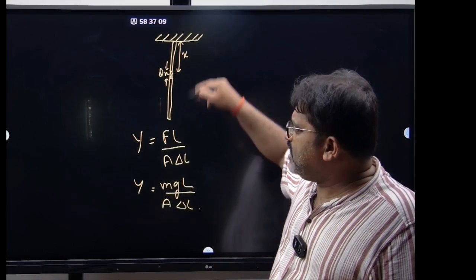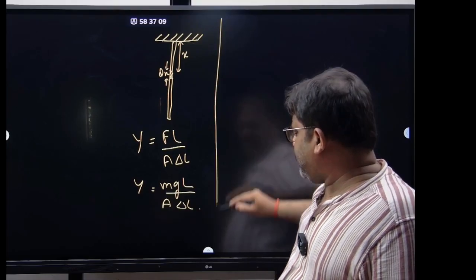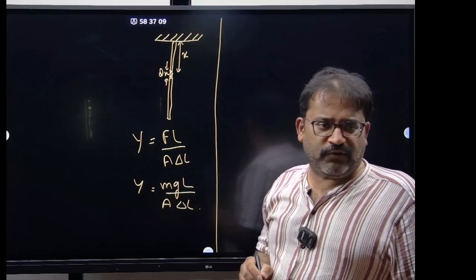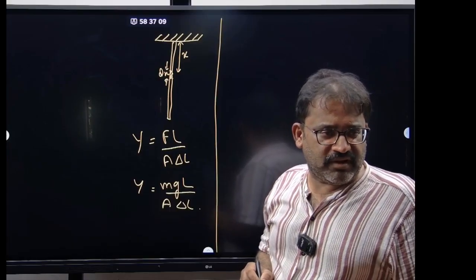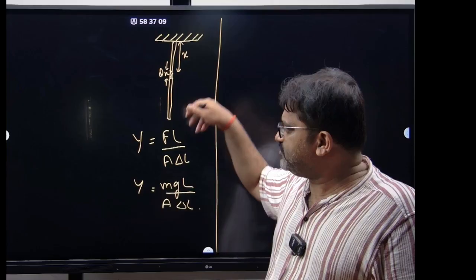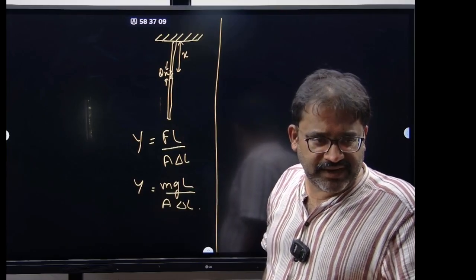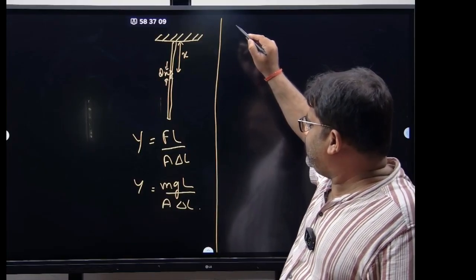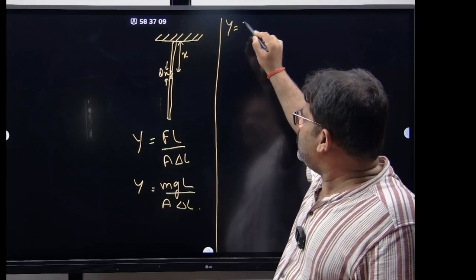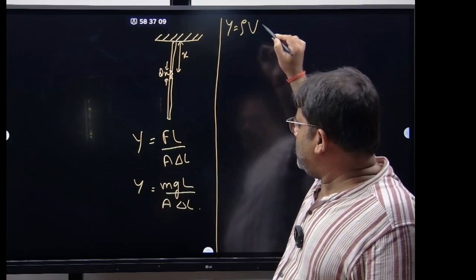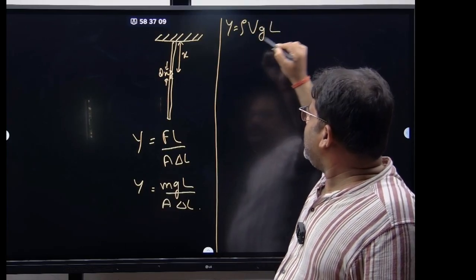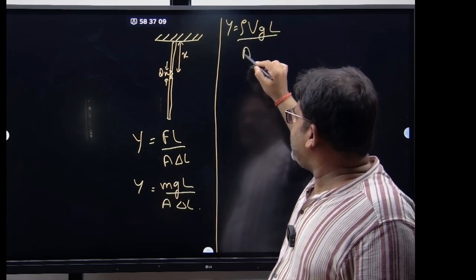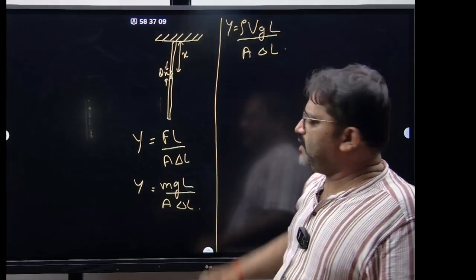Remember, we don't know the mass here. So we can go for mass in terms of a known quantity of this particular substance, that is the density. Then we can say that Y is equal to rho into volume into g into L divided by A into delta L.